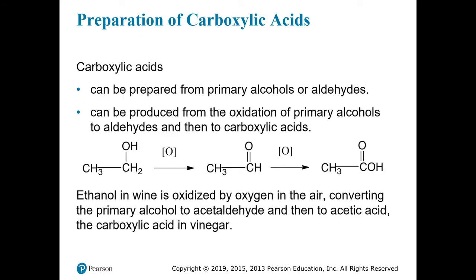Carboxylic acids can actually be prepared from what are known as primary alcohols or aldehydes. A primary alcohol is an alcohol where the OH group is on a terminal carbon. So in this example, we have ethanol.